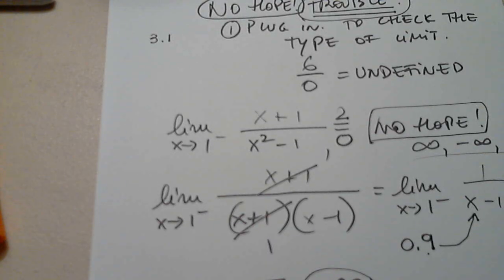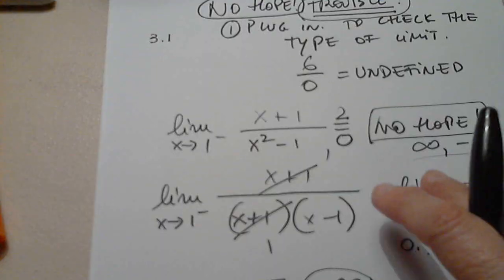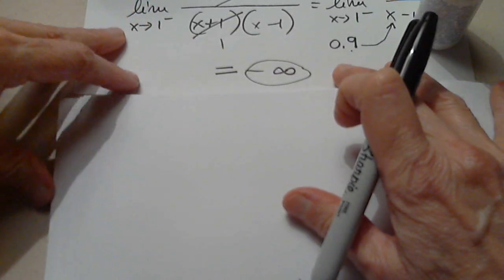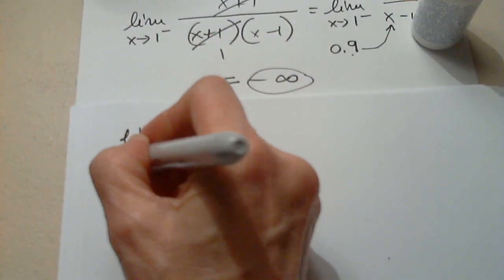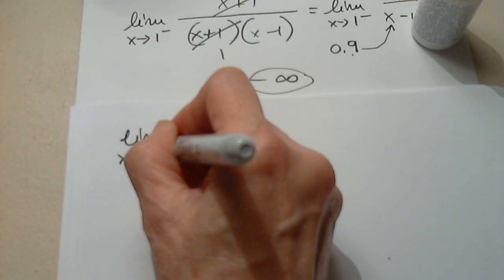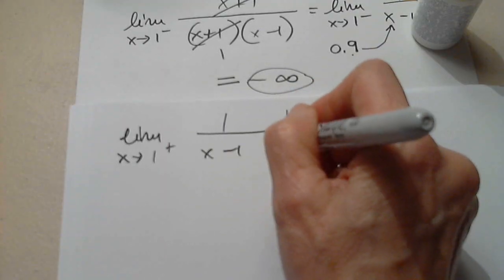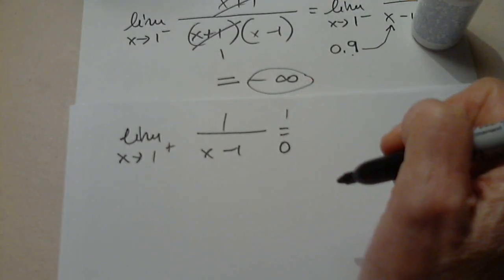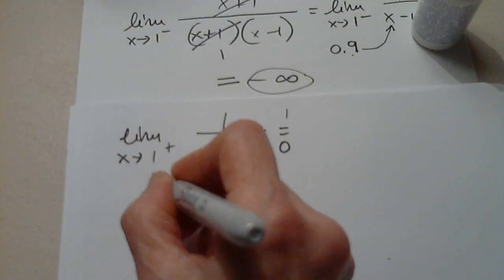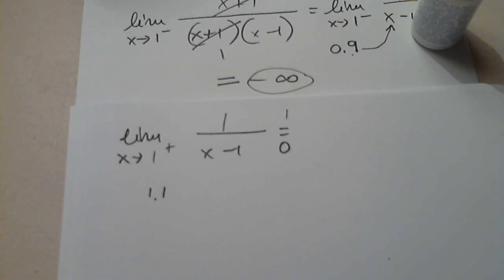So when is it DNE? Okay, very good. So limit as x approaches 1 from the right of the same thing. So this is positive and this is 0. This is 1 and 0. Can anyone plug in 1.1 and give us the sign of 0 in the denominator?